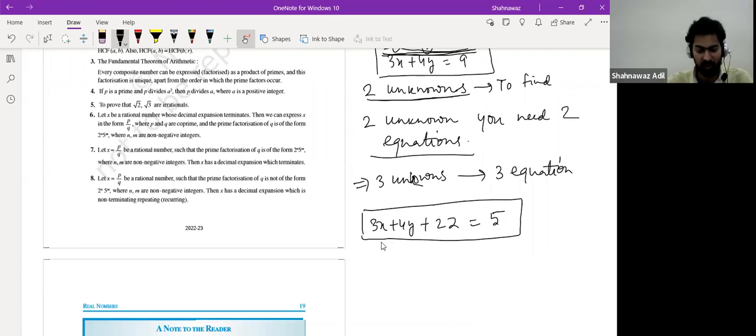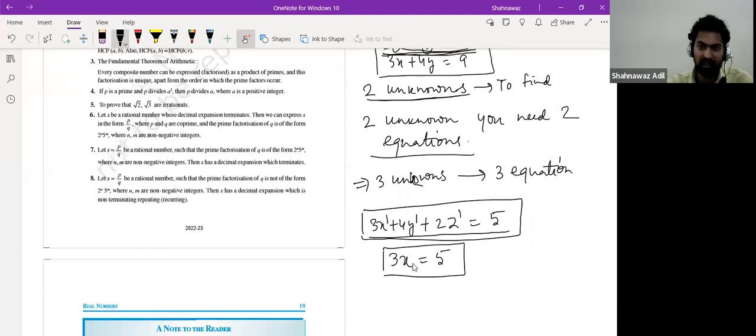And why is that? Because the highest power degree is 1. Yes, so degree is 1. So this is a linear equation in three variables, right? And if I write 3x equals 5, is that a linear equation or not? Yes.